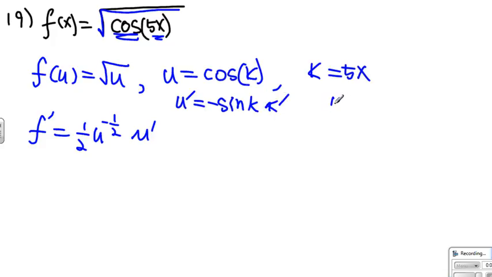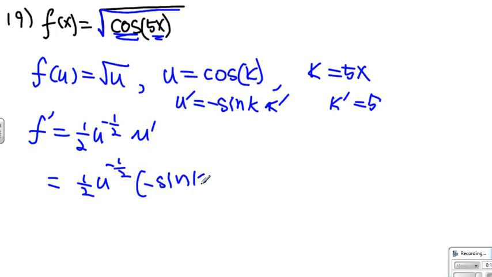But what is k prime here? It is equal to 5. So this becomes 1/2 u to the negative 1/2 power times negative sine of k times k prime, and in place of k prime we can simply plug in 5.